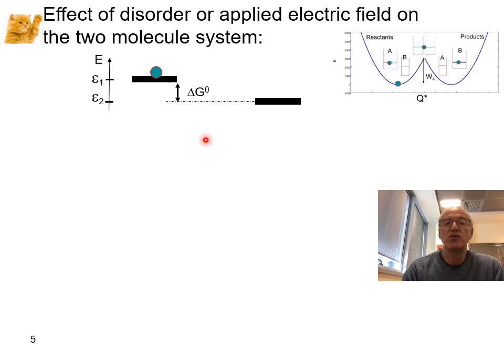And really this is what we'd be interested in, and what we have to do is to replace this symmetric picture with the idea that when the charge is on one molecule, the total energy is lower than when it is on the other.